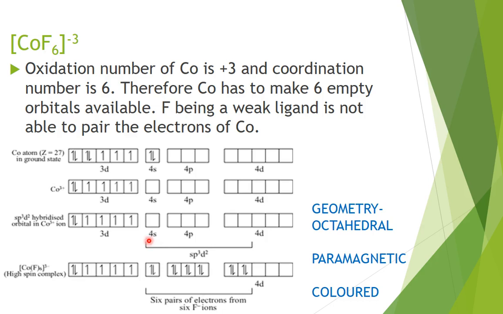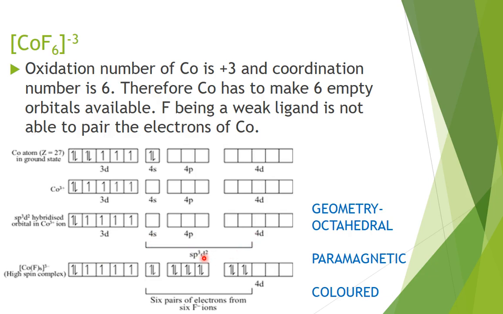There are two possibilities. One is we use these 6 orbitals, 1, 2, 3, 4, 5 and 6, or these electrons pair up to vacate these 2 orbitals. But F being a weak ligand is not able to pair the electrons of cobalt. So in this case, this outer d orbital is being used.